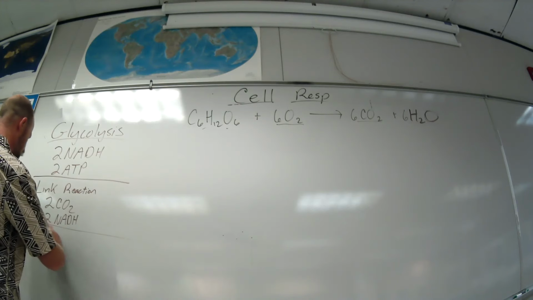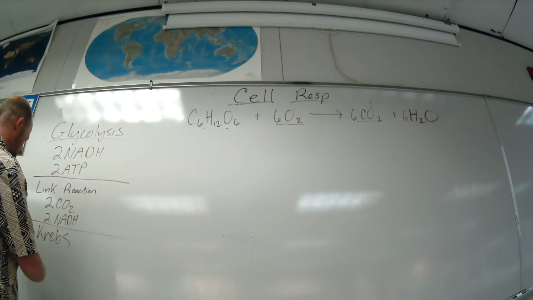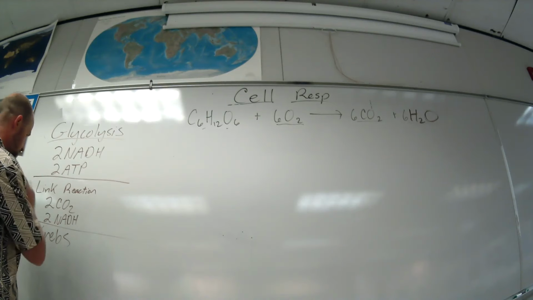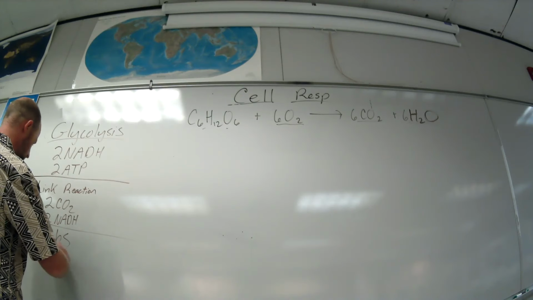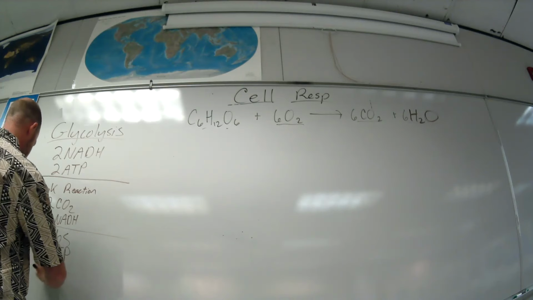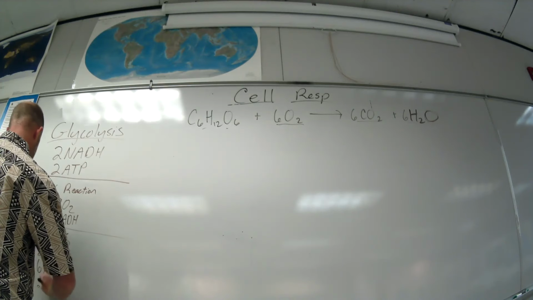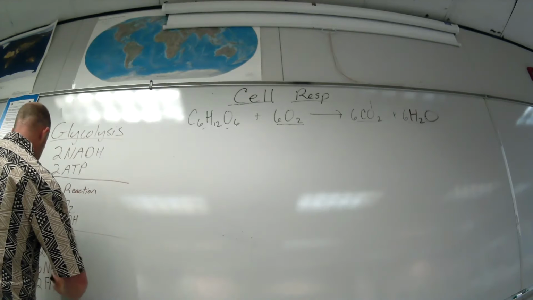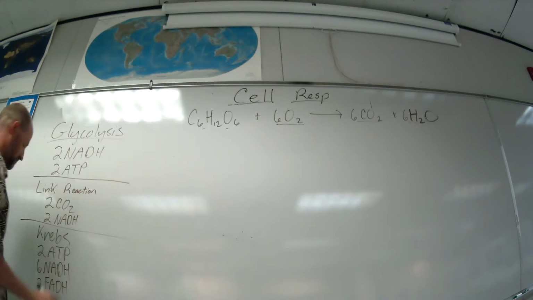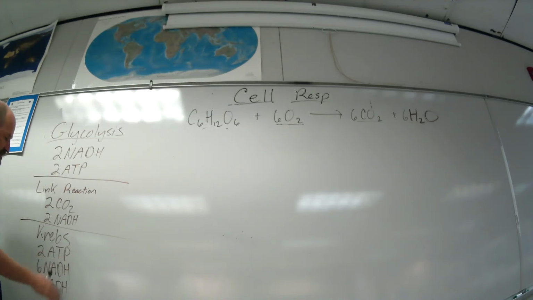And in the Krebs cycle, we end up with a total of 2 more ATP. We get 6 NADHs and 2 FADHs. Okay, so remember, these are reduced from NAD to NADH by oxidizing all the molecules in the Krebs cycle.